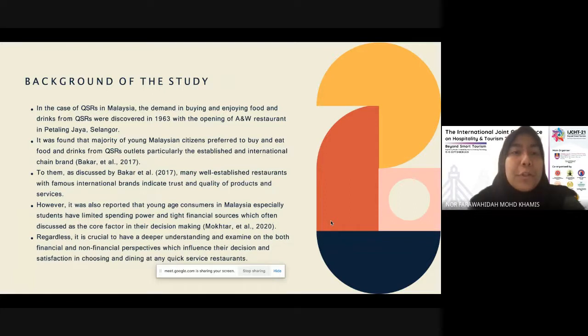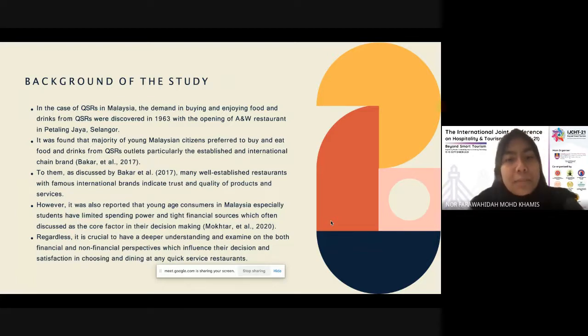In Malaysia, the demand for buying and enjoying food and drink from QSR was discovered back in 1963 with the opening of A&W restaurant in Petaling Jaya, Selangor. It was found that the majority of young Malaysian citizens prefer to buy and eat from QSR, particularly from established international chain brands such as McDonald's, KFC, Pizza Hut, and so forth.